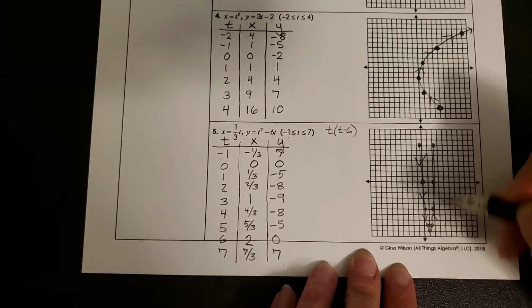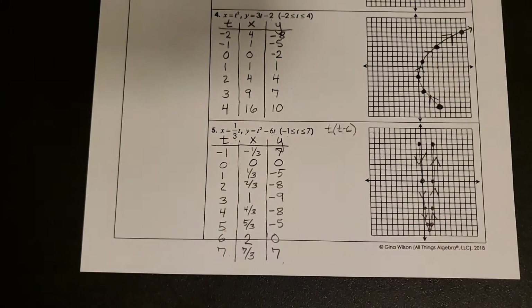We are going down and then back up. That is how we graph parametric curves.